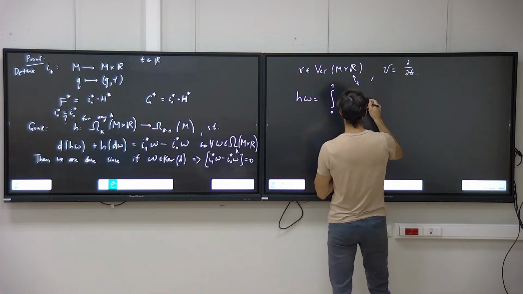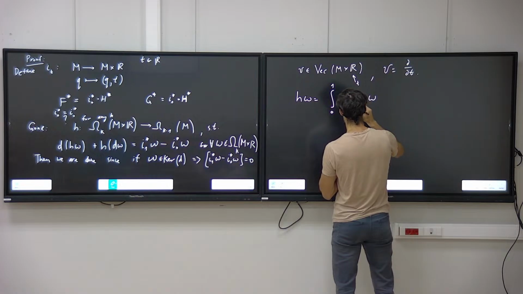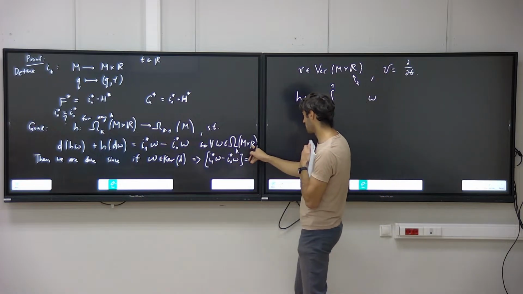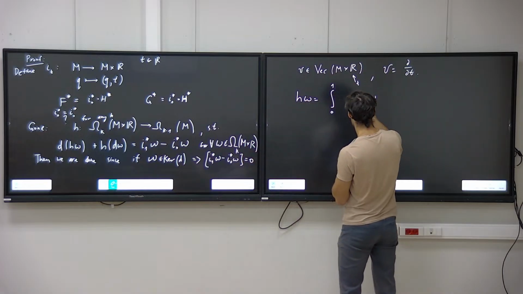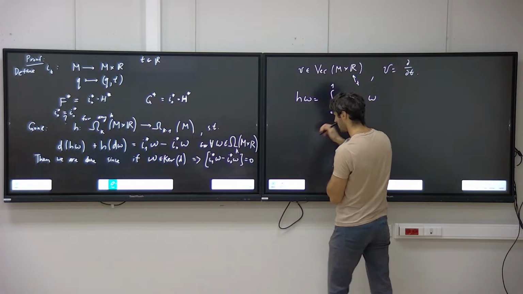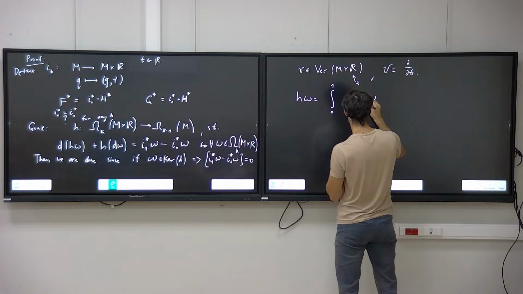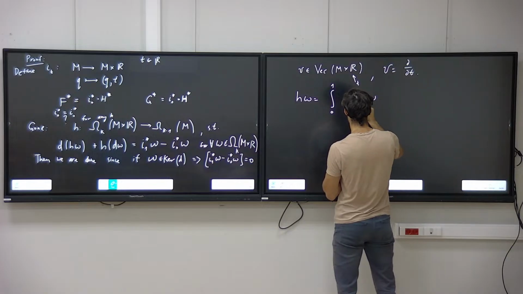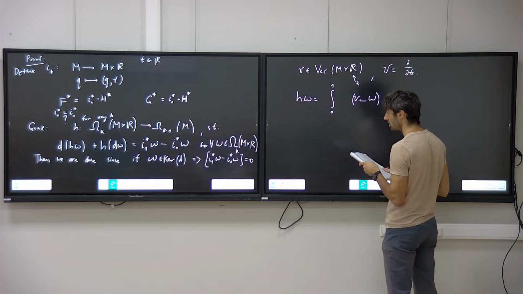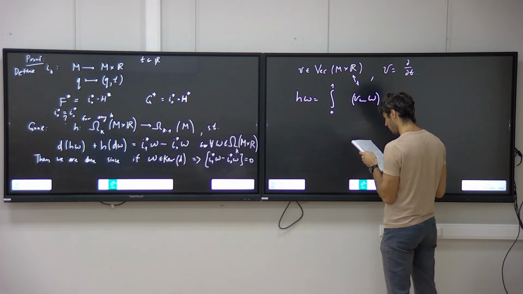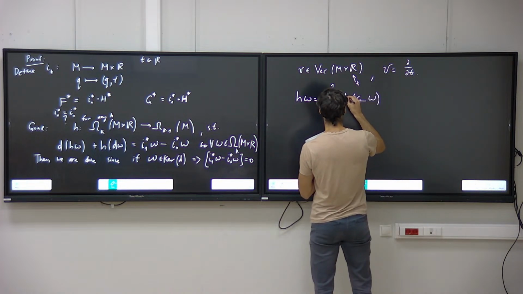I should take omega, and so omega is from here, then I can plug inside this entry V, so I substitute V. Then I pull it back by I star t.